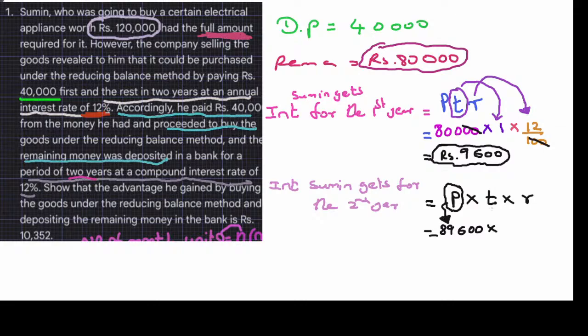Times, what's the time period? We are calculating the interest Sumin gets for the second year, for 1 year's time period. Mind you, the calculation we are doing here is not for the entire 2 years, only for the second year, right? We are doing it year by year. And what's the interest rate? That's 12%.